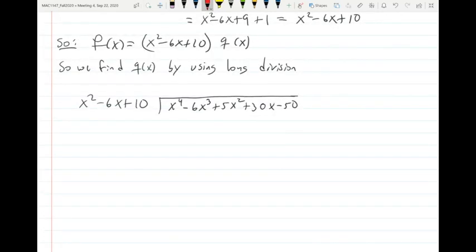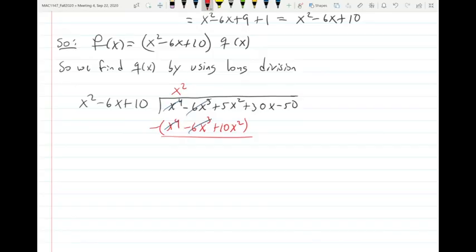All right, so I'm going to begin the process, okay? So x squared times that would be x to the 4 minus 6x cubed plus 10x squared. We subtract, and what do we get? These guys cancel, and okay, these guys cancel as well.